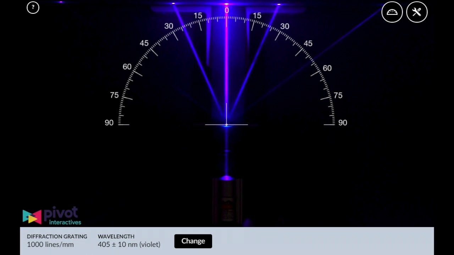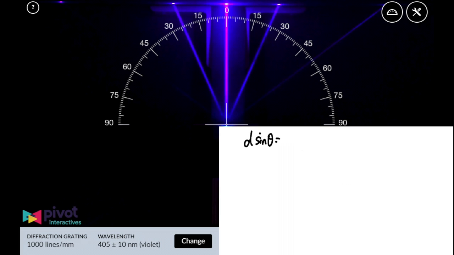You're going to show your work for the calculated angles and compare the calculated angles with your measured angles in the video. You're going to use the double slit equation to calculate the angle of the first order maximum. So d sine theta equals m lambda, and theta is arc sine of m lambda over d.